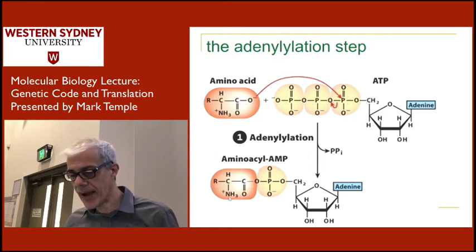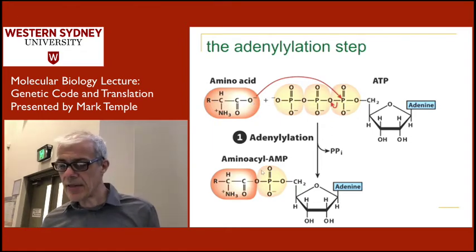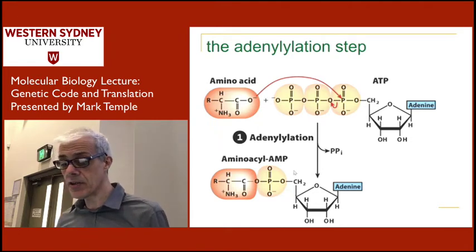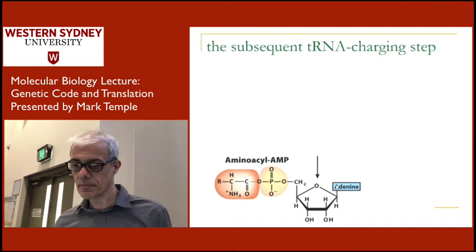So this is an amino acid, which is now referred to as an aminoacyl AMP, because the amino acid is attached to the AMP molecule. So the ATP is cleaved, bonded to form this, and then this is attached to the transfer RNA. So this is a high-energy bond which is easily broken and then attached.